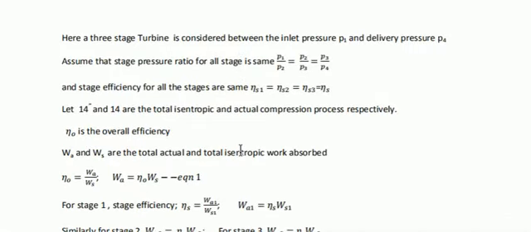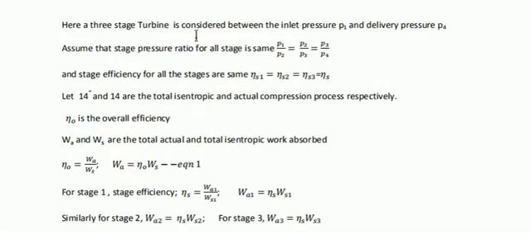Here the three-stage turbine is considered between the inlet pressure P1 and the delivery pressure P4. Assume that the stage pressure ratio for all stages is the same, so that each stage in the turbine has the same pressure ratio: P1/P2 = P2/P3 = P3/P4.